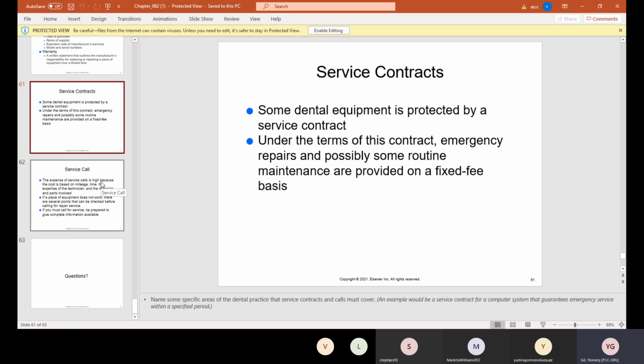Okay, so identify 3 ways that supplies can be ordered. Do you guys remember? How do you think you can place an order for your office? Anybody?